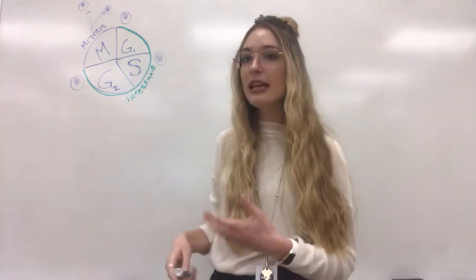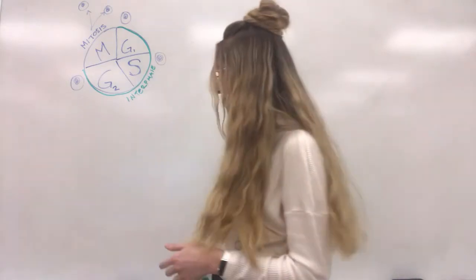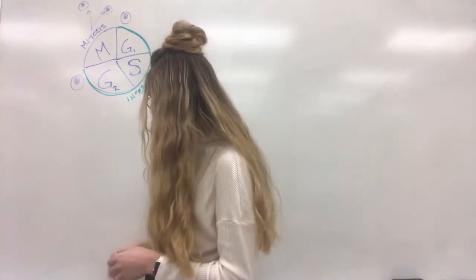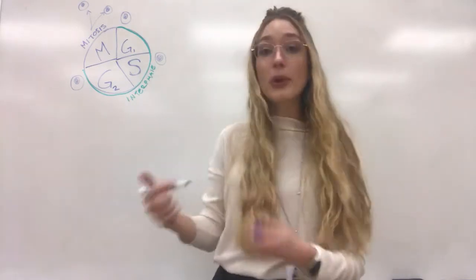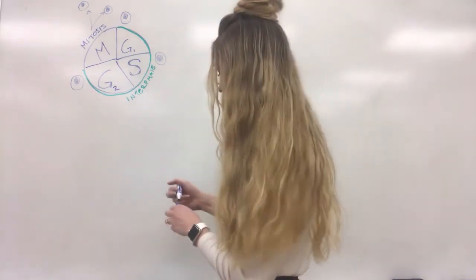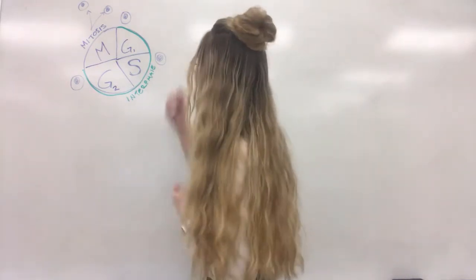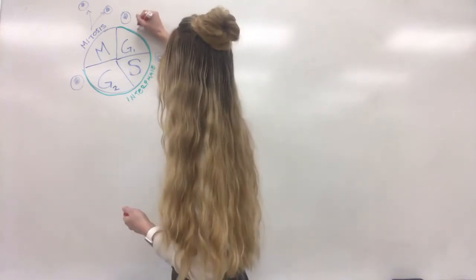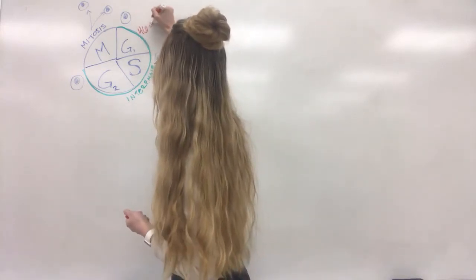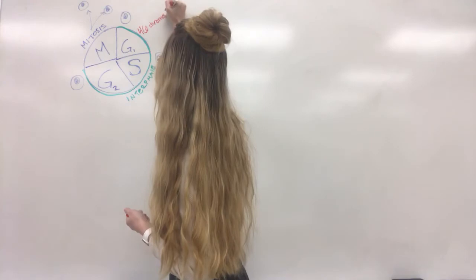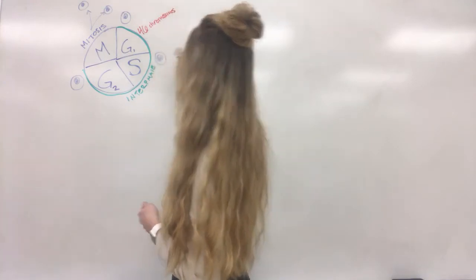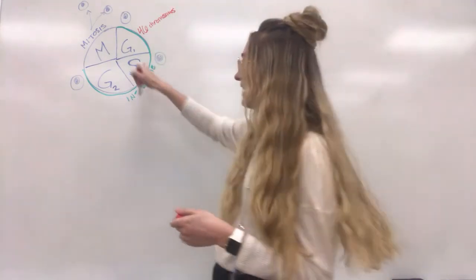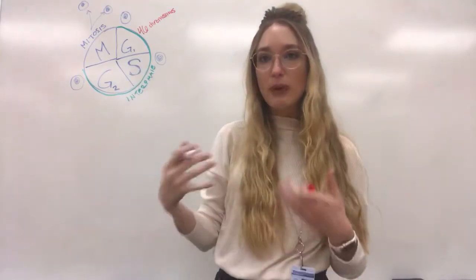Let's say in humans you have 46 chromosomes, 23 pairs. When you enter S phase, your cell starts to replicate that DNA.